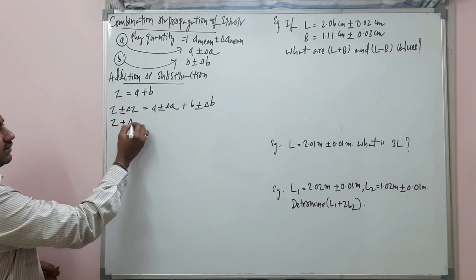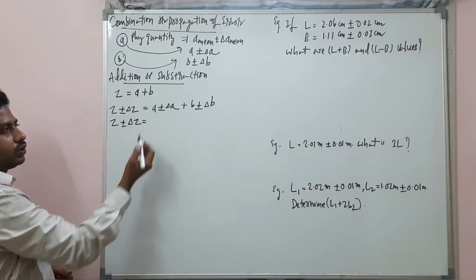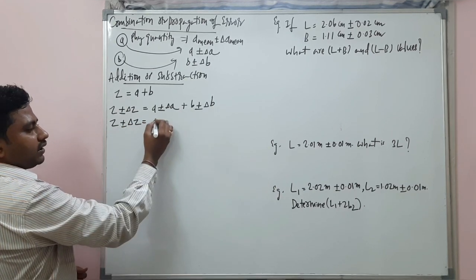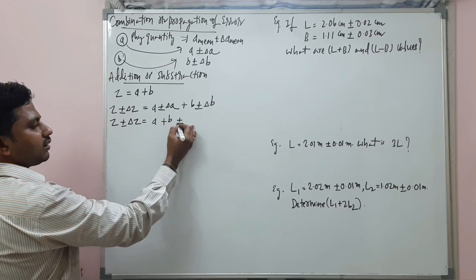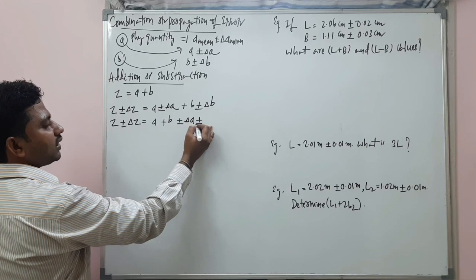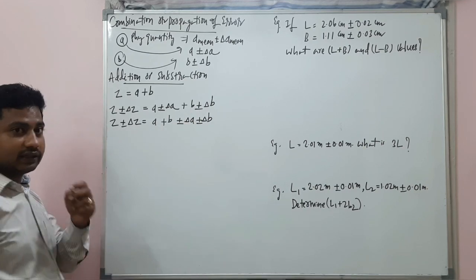Z plus or minus delta Z is equal to A plus B, and the remaining plus or minus delta A plus or minus delta B we write here.